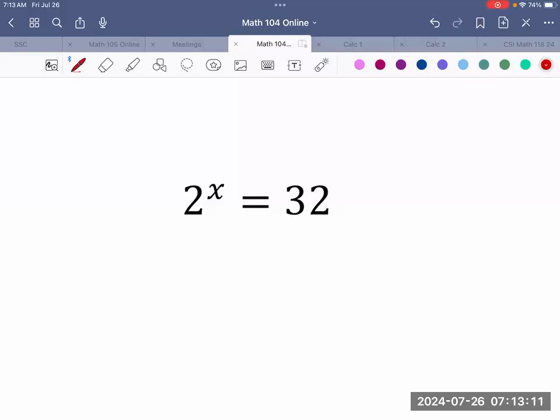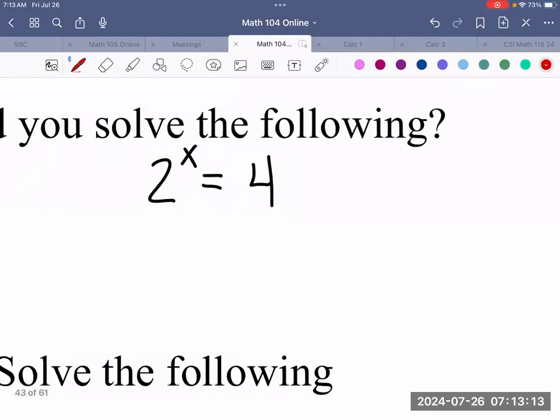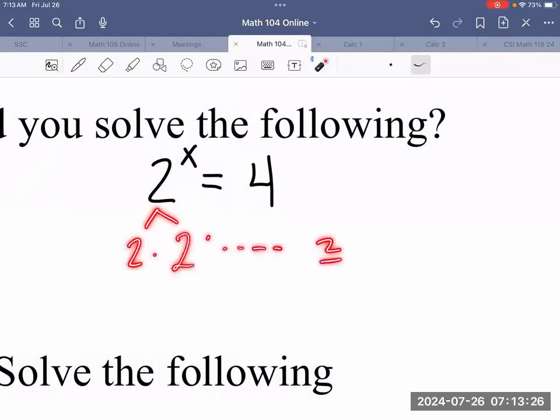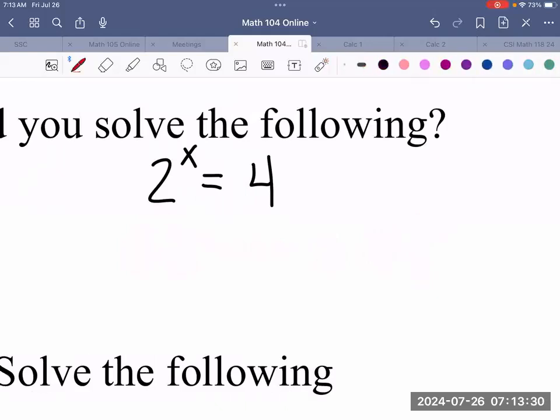So let's do something a little easier. 2 to the x is equal to 4. This can be broken down as saying 2 times itself, how many times will get you equal to 4? The process to do this, if you're not seeing it, is to change 4 to have the same base as 2.